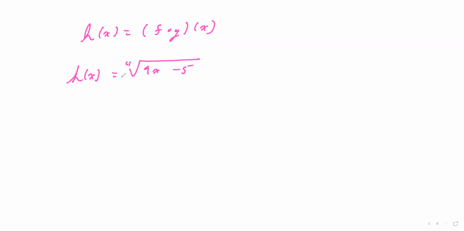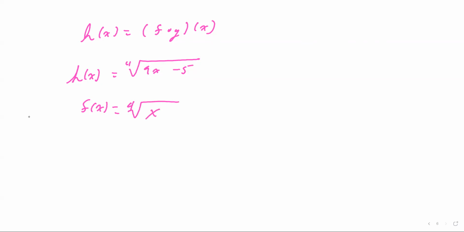Okay, so here is the easiest thing. Identify the parent function. That's basically taking away all the numbers other than what's part of the function. If you take away the 9 and the minus 5, then you just have the 4th root of x.